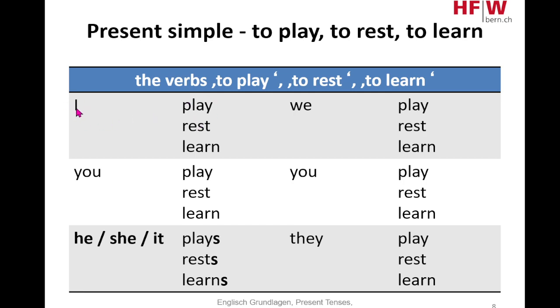Because the subject here is I. If the subject is I, we do not add s. Okay, remember. So how about we? We play, we race, we learn. Just the same as I. Do not add anything to the verb. You play, you race, you learn. So do not add anything, the same as I, we. So this is the same.